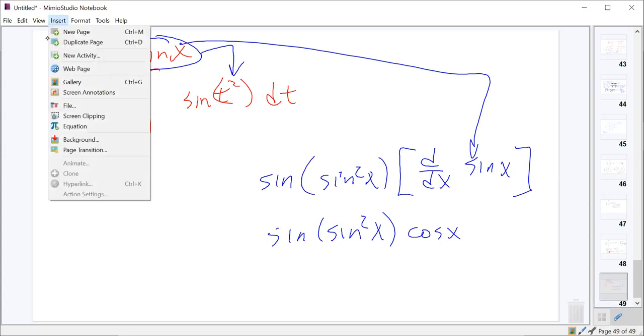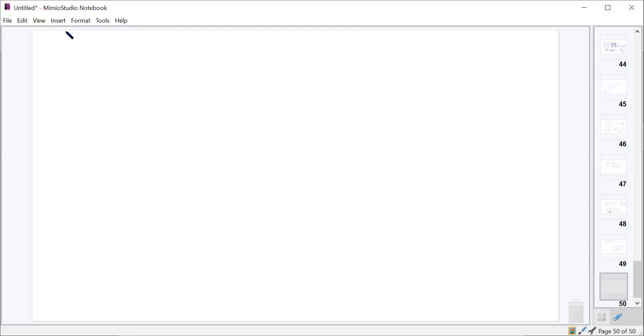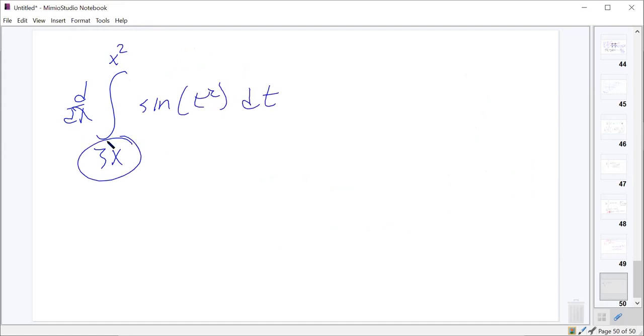Okay. Now, it can get complicated in two different ways. One is if we have something like the derivative of the integral from 3x to x squared of sine of t squared dt. Because now this lower limit's not a constant. So we have to do the sine of x squared, plugging in the x squared for t, and multiply that by the 2x, the derivative of x squared.